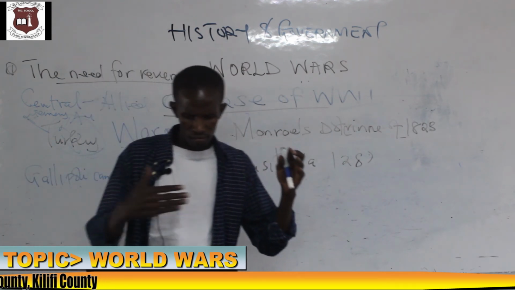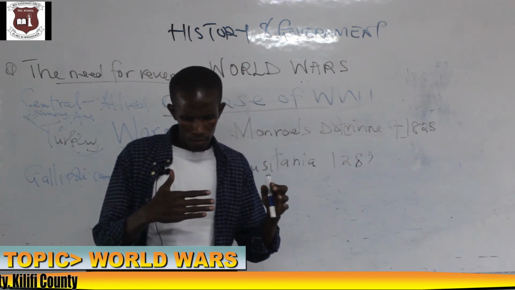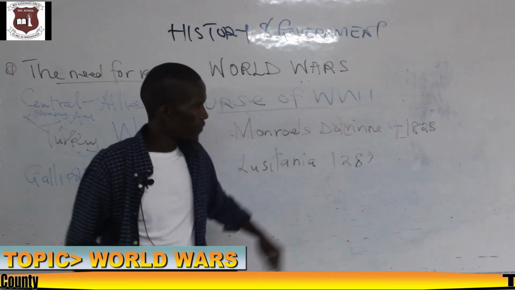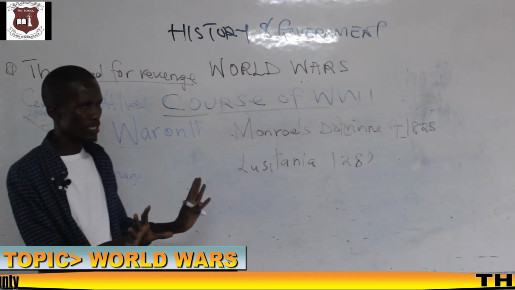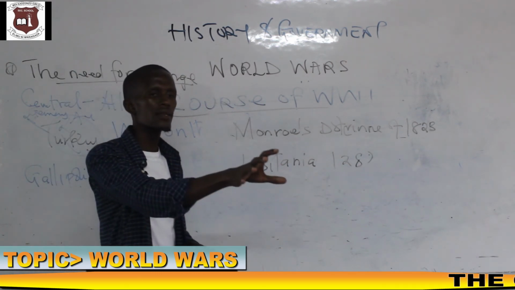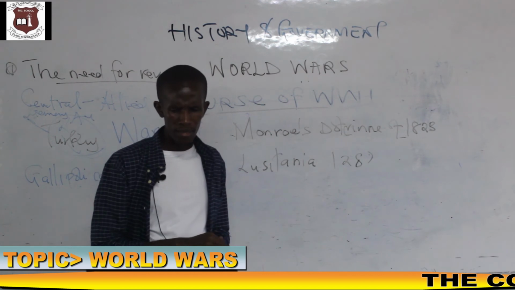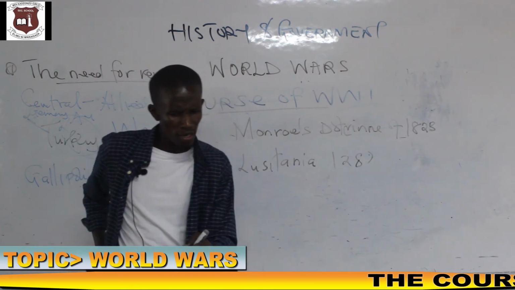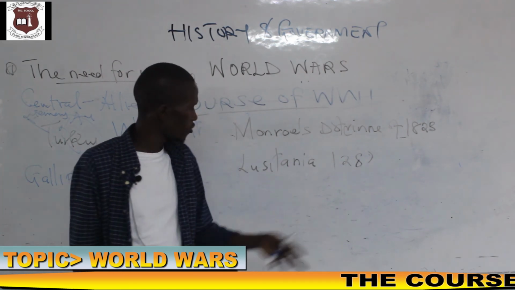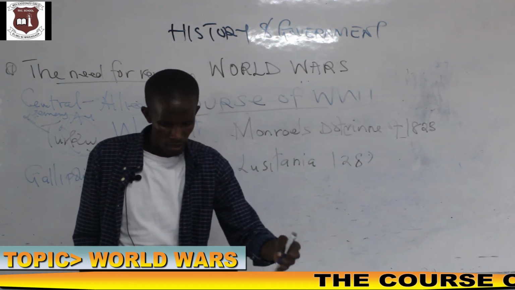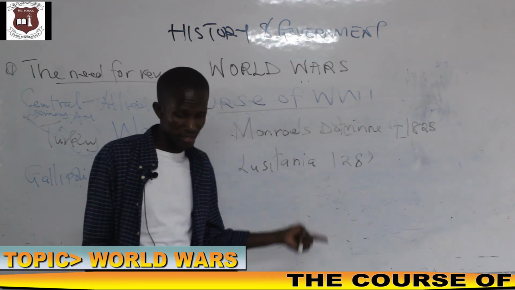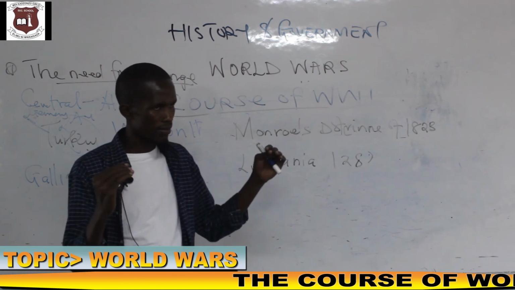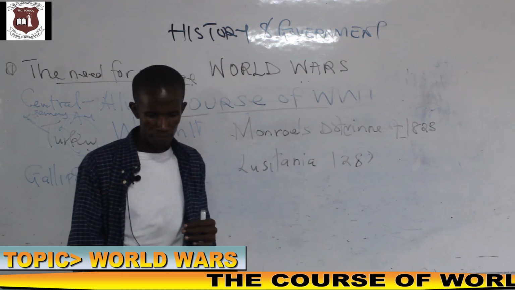So the United States of America protested, and the Germans for some period of time suspended their unrestricted submarine warfare. But then when the British blockade of 1917 threatened the flow of raw materials in Germany, in February 1917, Germany resumed the unrestricted submarine warfare.